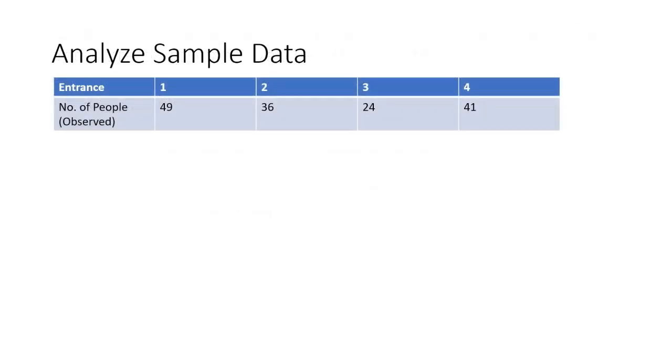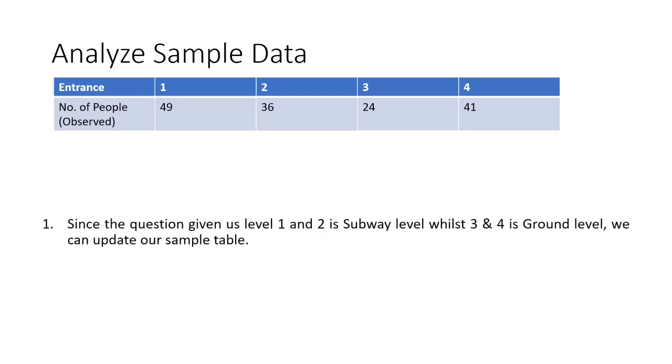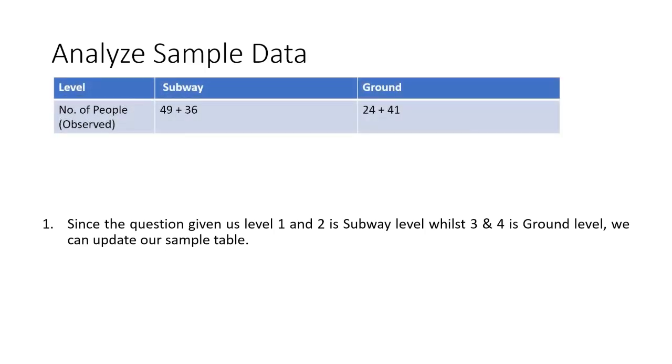Now, we are analyzing the sample data. Since the question tells us that entrances 1 and 2 are subway level whilst 3 and 4 are ground level, we can update our sample table. Notice the number of samples has changed, which is now equal to 2.